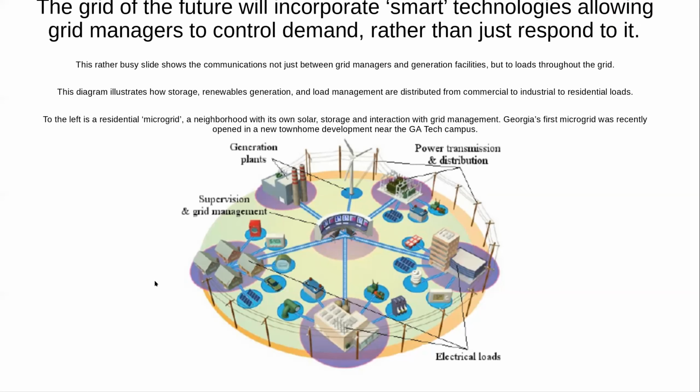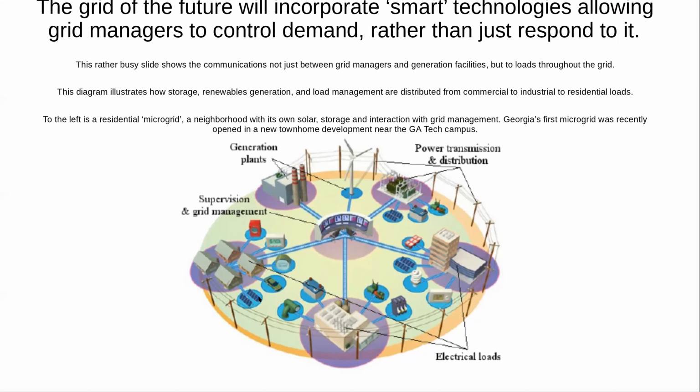That applies to renewable and non-renewable. But the example on the left here, the neighborhood, the subdivision that's got its own solar and its own shared storage resources, lets you stay connected to the grid, but reduces your dependence on it. Right.